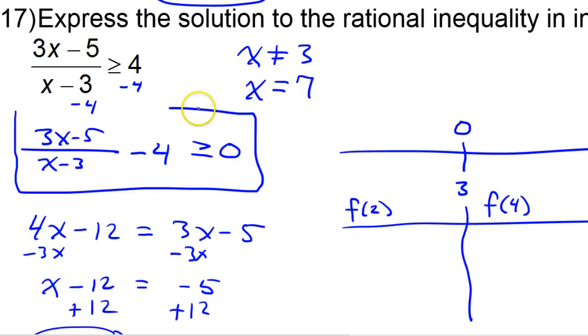This is the form that I like to use the best, because seeing if something is greater than or less than 0 is very easy, just positive or negative. So I'm going to use this form. So I'm checking to see, is this value going to be greater than or equal to 0?